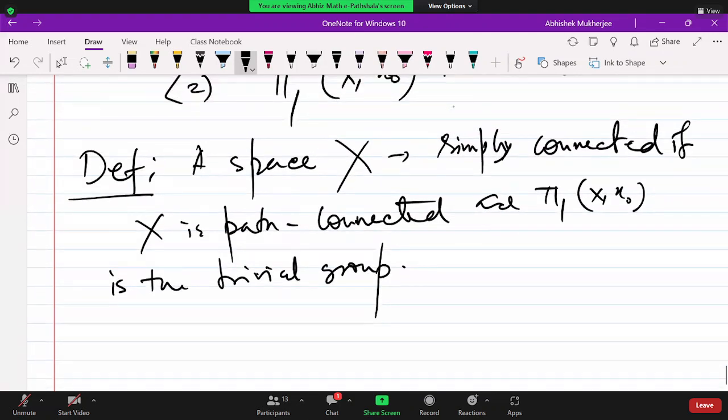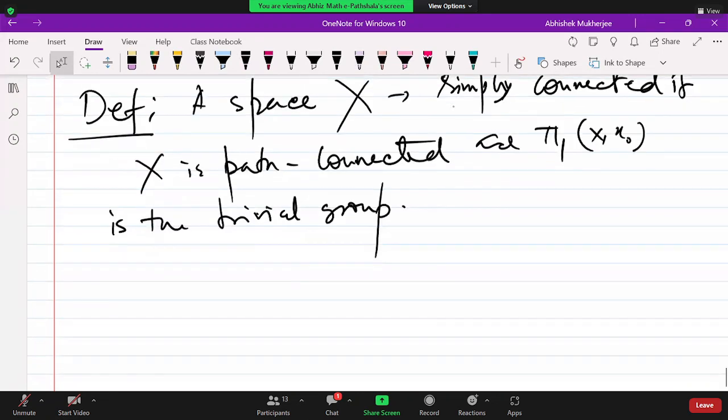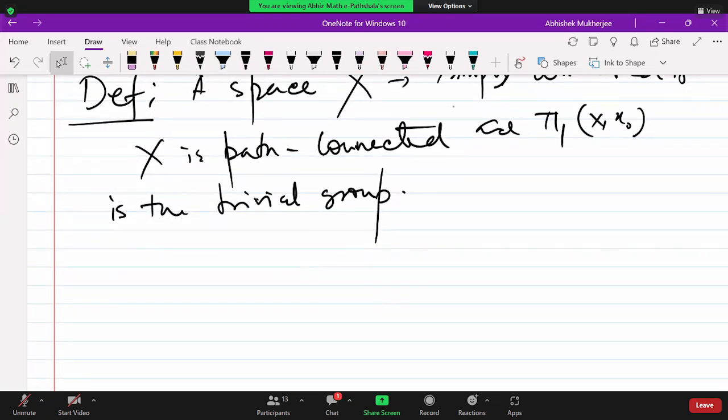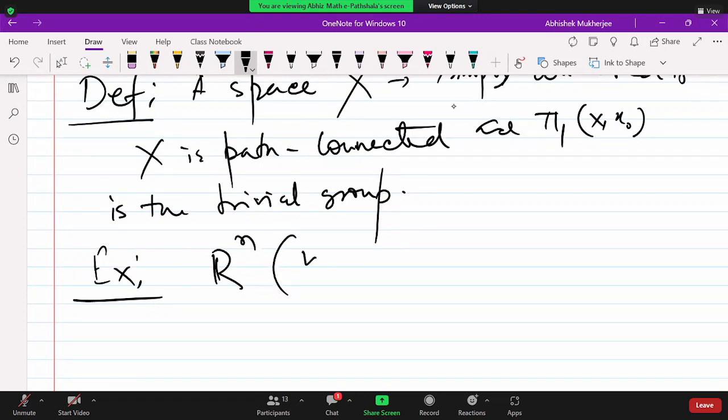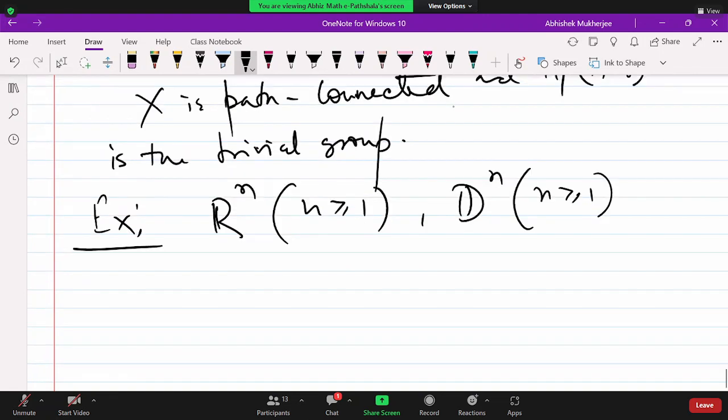Okay, so with respect to this definition, you already have at hand some examples of simply connected spaces, which are Rn, Dn, and any convex subspace of Rn. So these are all simply connected.